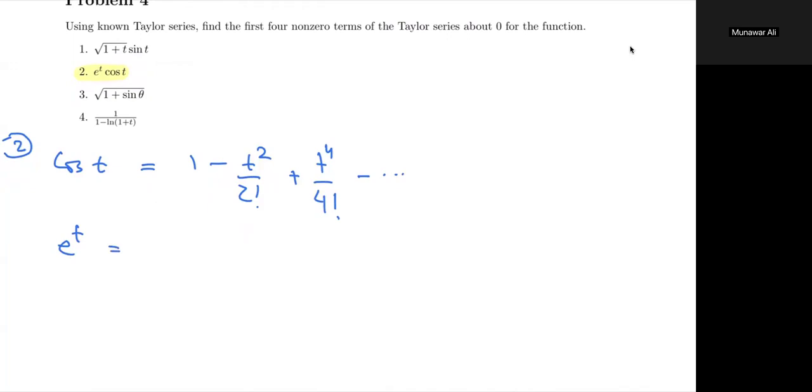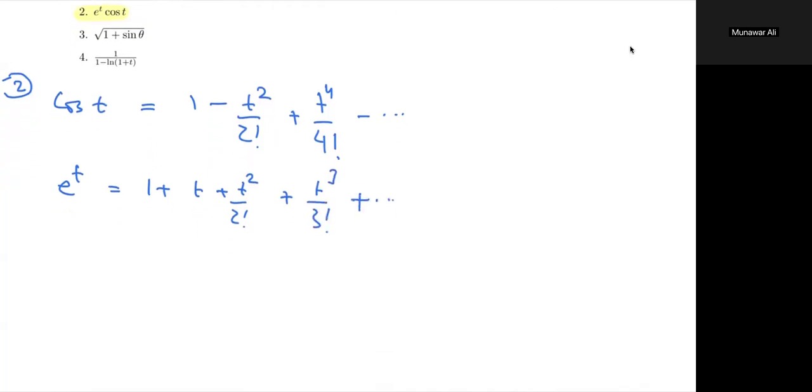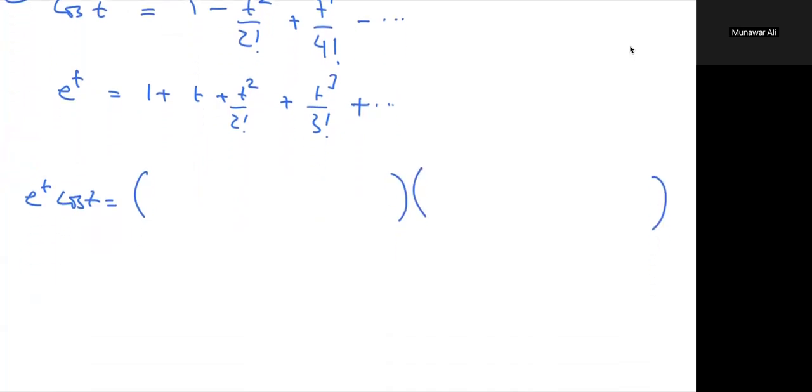And e to the t is 1 plus t plus t squared divided by 2 factorial plus t to the 3 divided by 3 factorial, and so on. If you're going to multiply these, you just need to multiply both of these series in this way. So one series and another series. One series is e to the t, 1 plus t plus t squared over 2 factorial plus t cubed over 3 factorial, and so on.